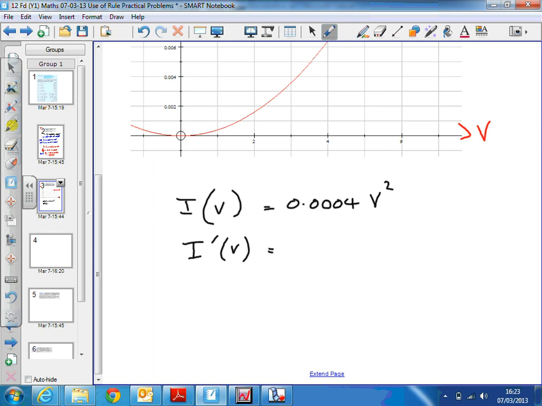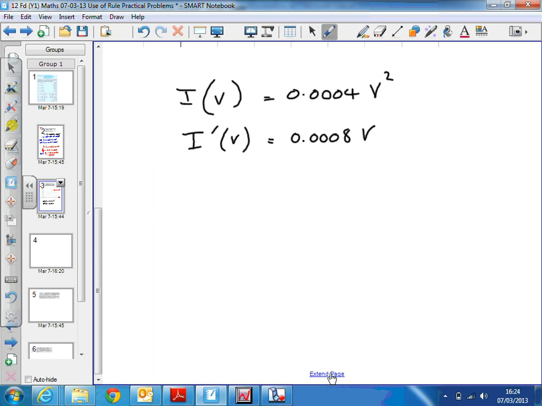And so to differentiate, just bring the power down. 2 times 0.0004 is 0.0008 V. But then we're told that we want to find V when dI by dV, or I prime V, equals 0.6 candelas per volt.